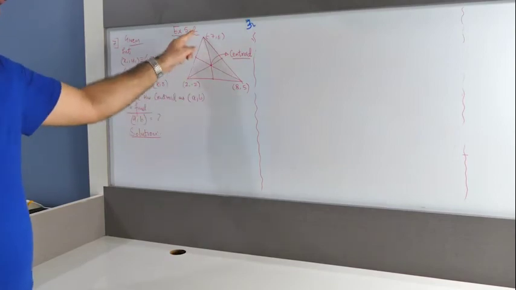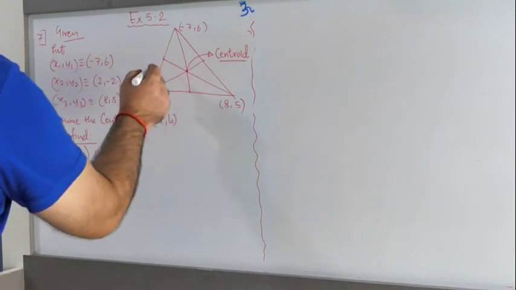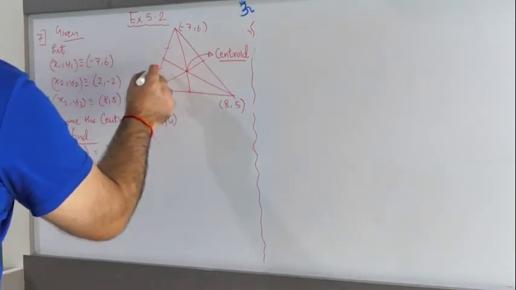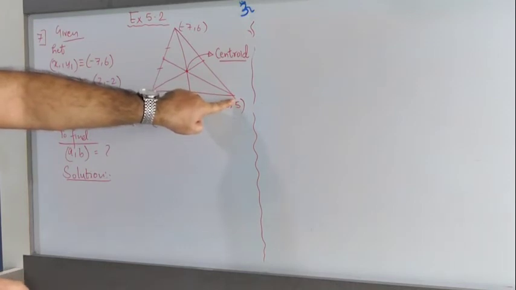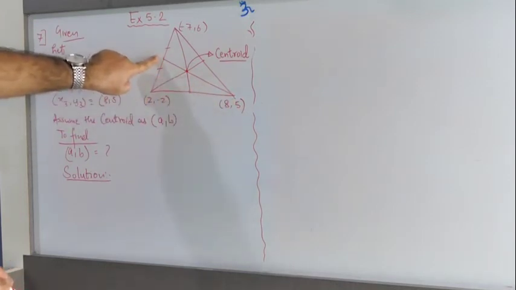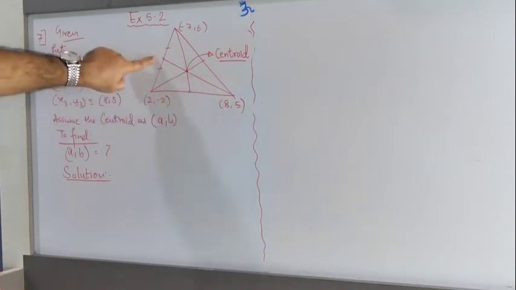Assume there is a triangle, and then in that triangle you have got 3 medians. What do you mean by medians? Medians are those segments which join the opposite vertex with the midpoint of the opposite side. Joining a vertex with the midpoint of the opposite side is called a median.